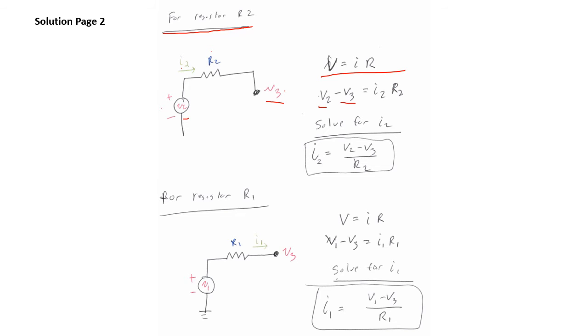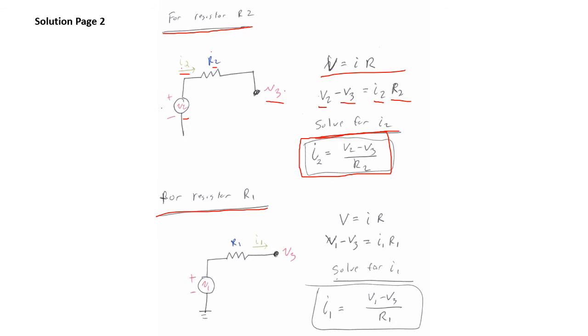My I is I2 and my R is R2. Plugging that in, V2 minus V3 is equal to I2 R2. Solving for I2, I end up with I2 is equal to V2 minus V3 over R2. I want to do the same exact thing now for my resistor R1.